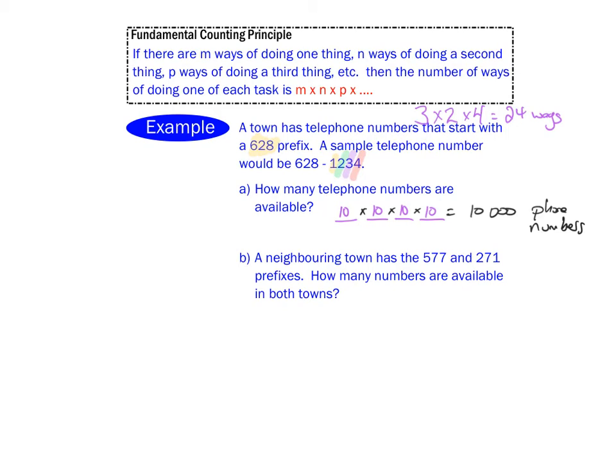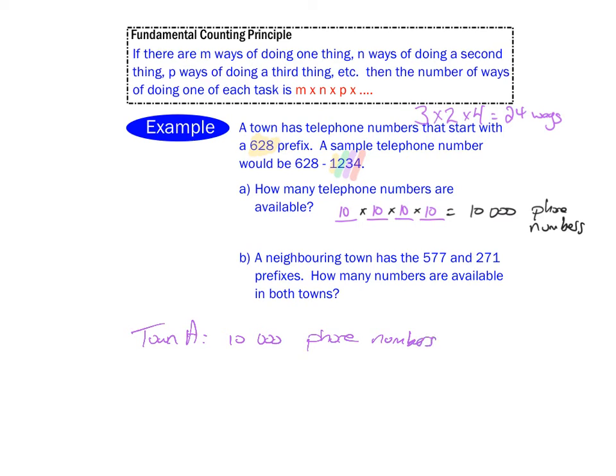All right, part B. A neighboring town has the 577 and 271 prefixes, so it has 2 prefixes. How many numbers are available in both towns? So the first town is what we did in part A. That's 10,000 phone numbers. So we'll say town A, 10,000 phone numbers.